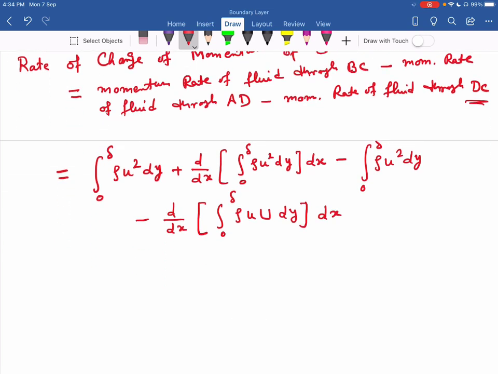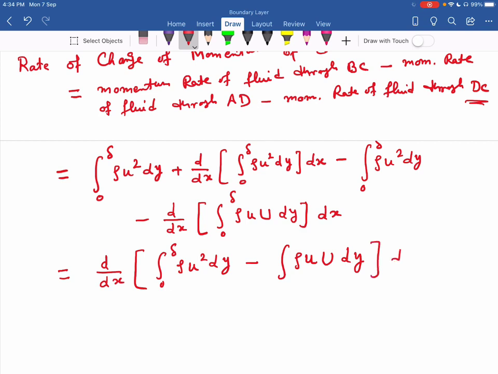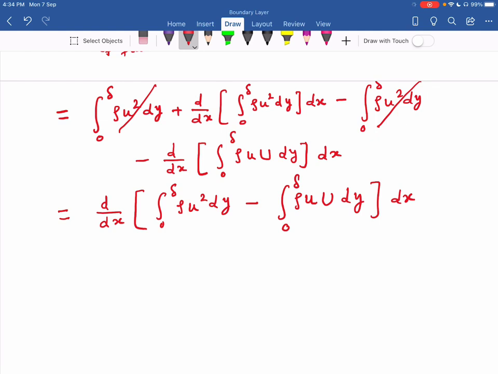Now you cancel the common terms. After cancelling, this comes out to be d by dx of integral 0 to delta of rho u square dy minus rho small u capital U dy, into dx. You can see this term cancels with this, so now we are left with this term.